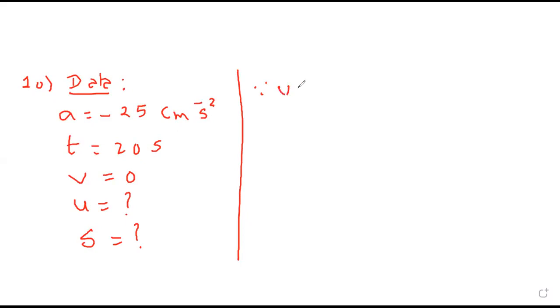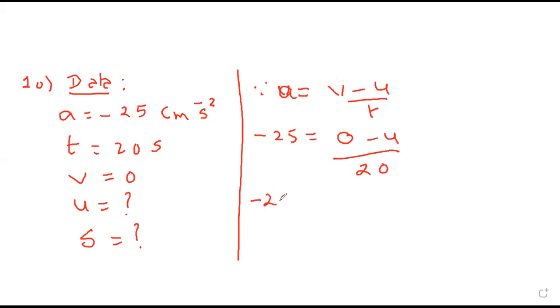Now A formula directly we can say V minus U upon T. A is minus 25, V is 0, U I want, T is 20. So minus 25 into 20 is minus U. Both side minus cancel.